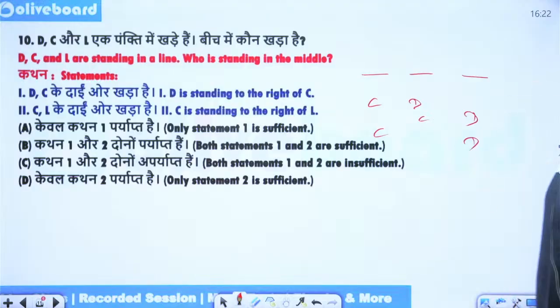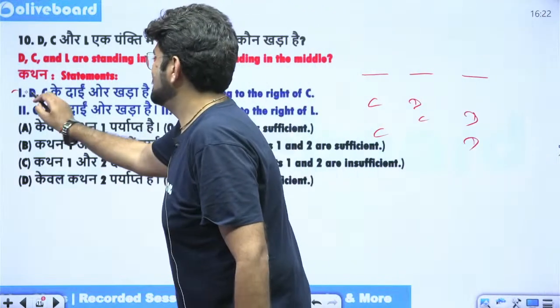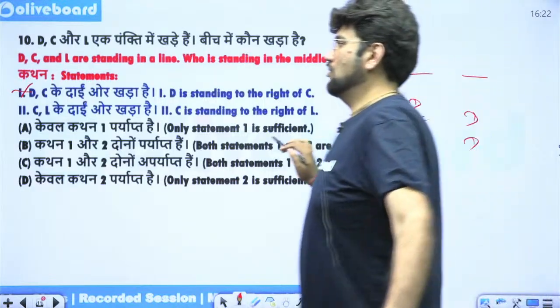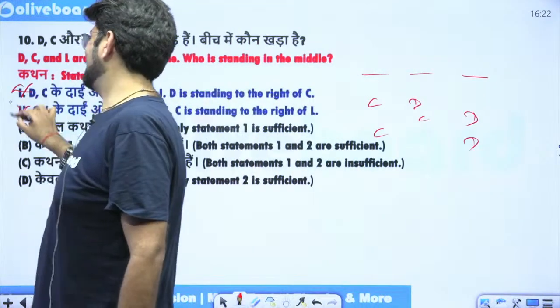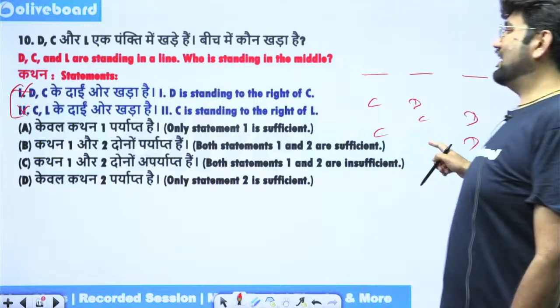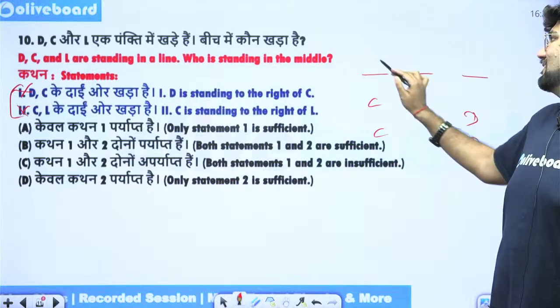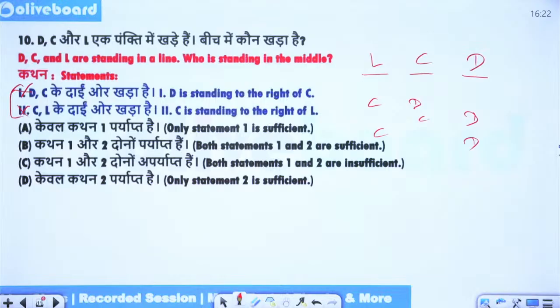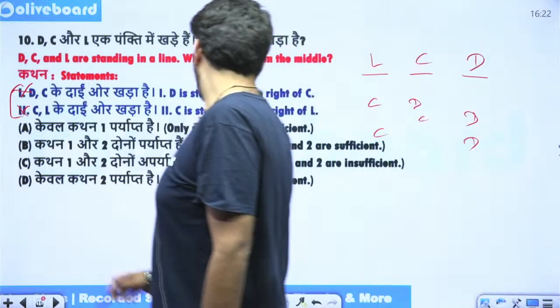There are 3 different possibilities. Obviously, it is not sufficient. Similarly, C standing to the right of L. Again, not helpful. But what if I consider both of them together? D is to the right of L and D is to the right of C. Possible. Cool. That's the only possibility.